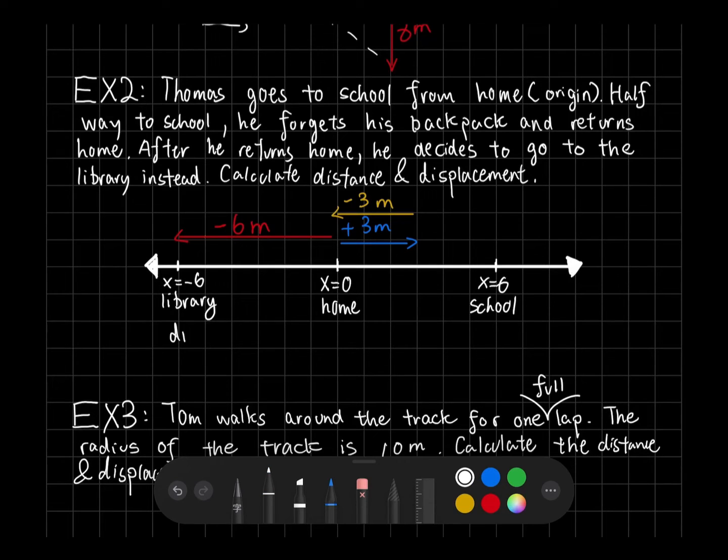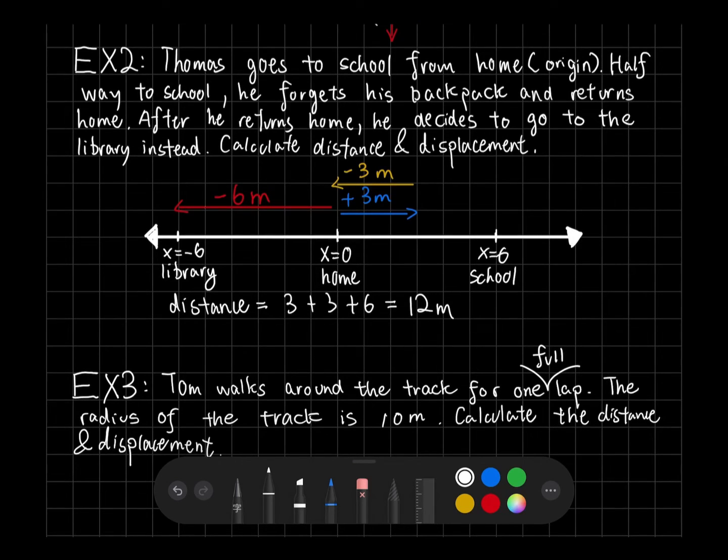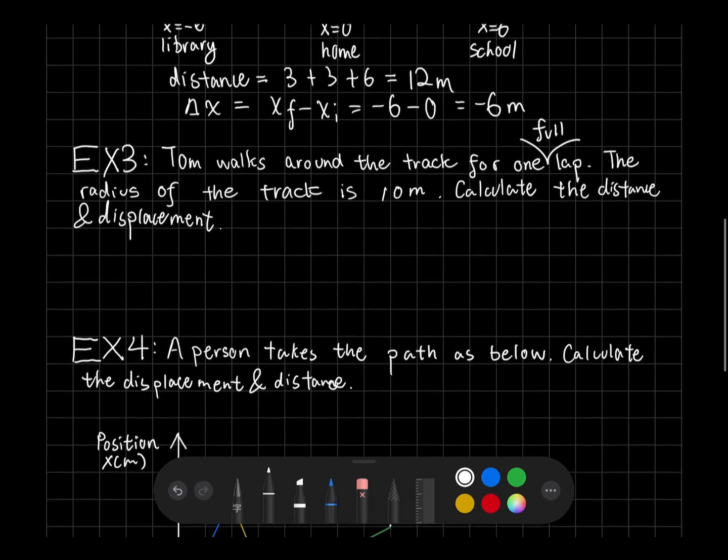Since distance doesn't care about direction, we'll add them up regardless of the signs. So it's 3 plus 3 plus 6, which is equal to 12 meters. But the displacement cares about the signs. So delta x equals x final minus x initial, which equals negative 6 minus 0, which is negative 6 meters.